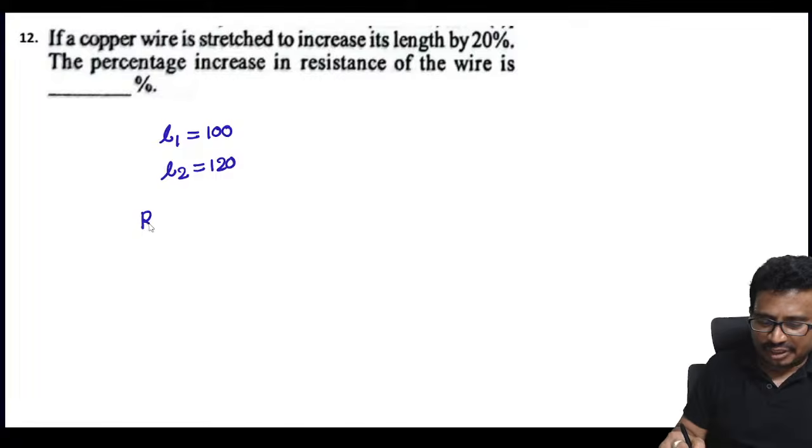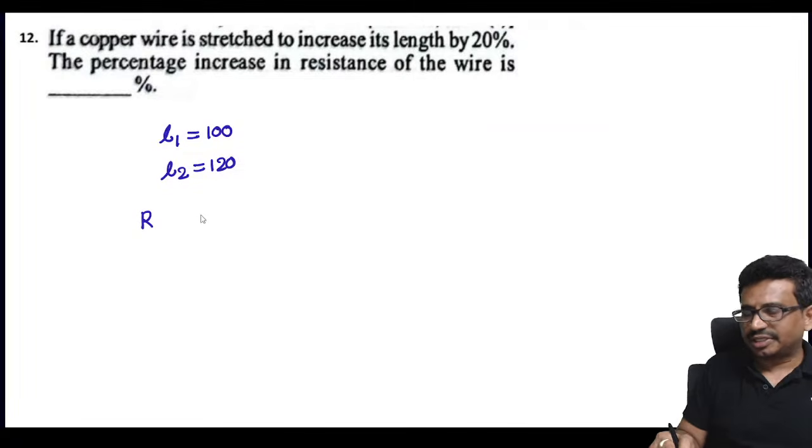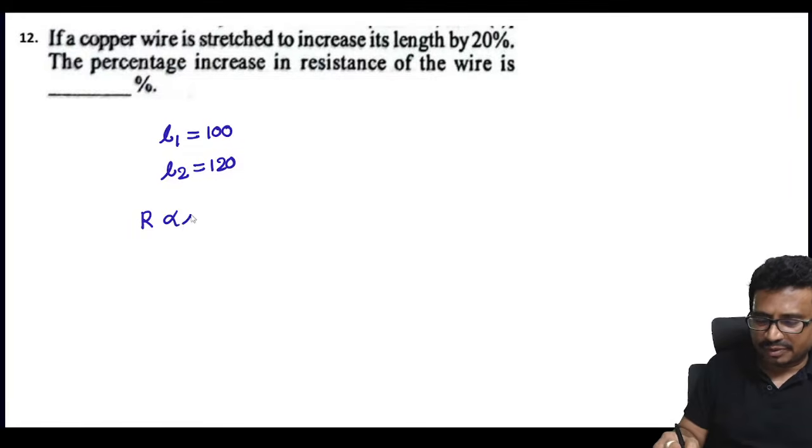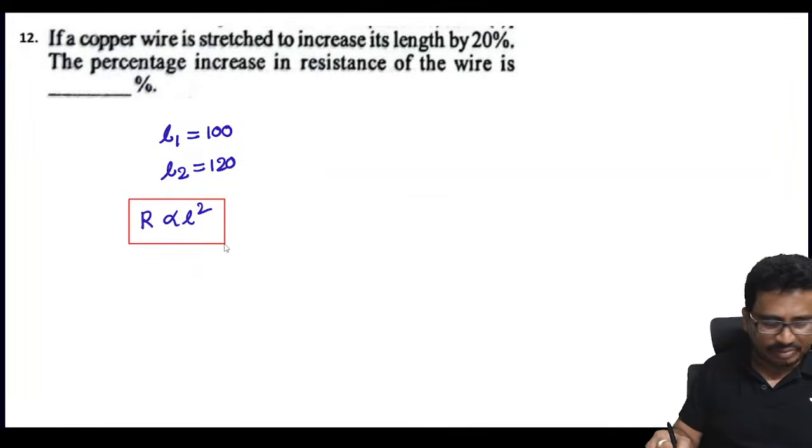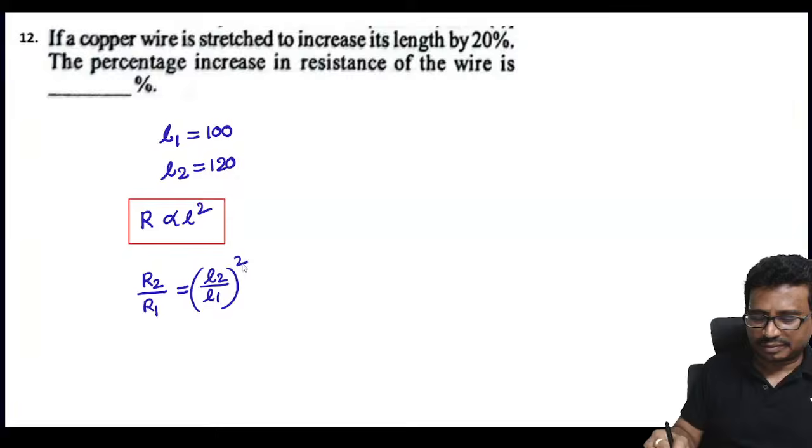Now we can write R. Whenever stretching is done, that means volume is constant, we can say R proportional to L square, isn't it? We have seen this just now. So from this we can write R2 by R1 is equal to (L2 by L1) whole square.